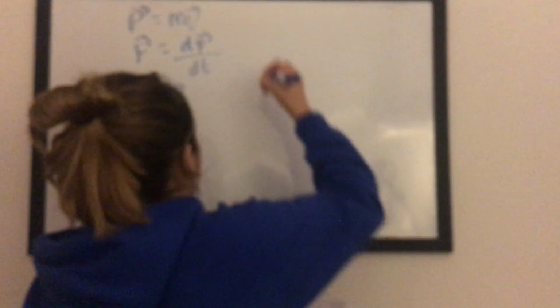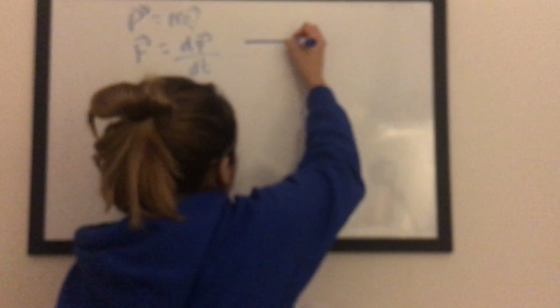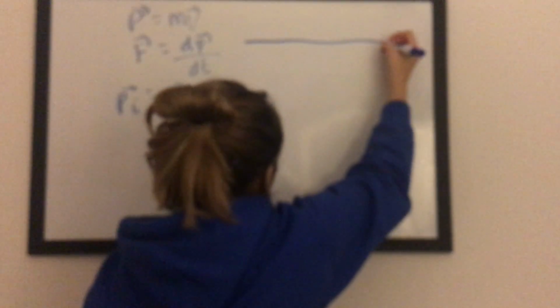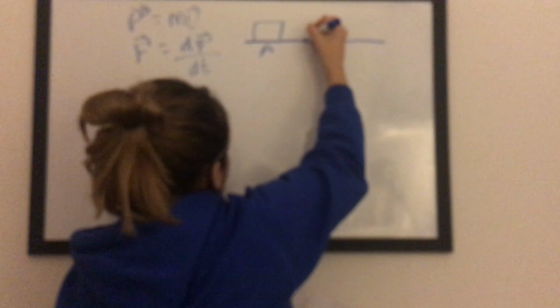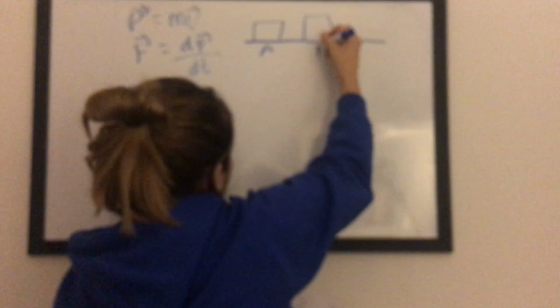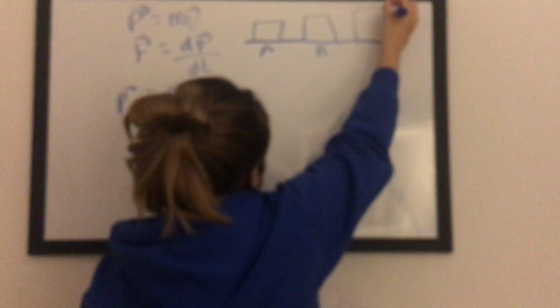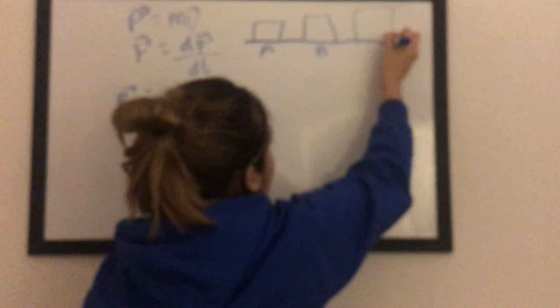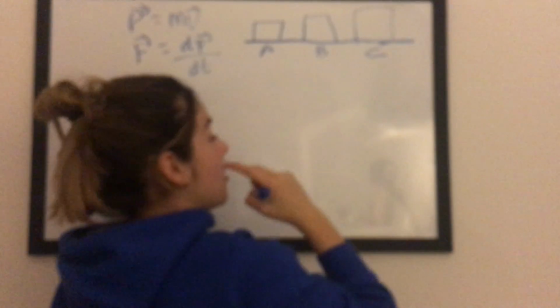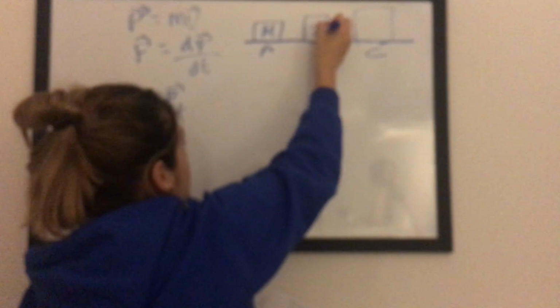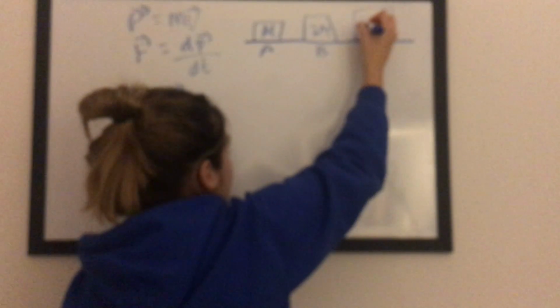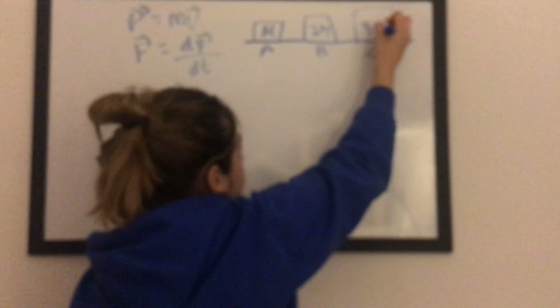So I'm going to go ahead and draw the diagram for you. We've got our horizontal frictionless surface here. We've got Block A, then Block B, and finally Block C. And we're given that Block A has mass m, Block B has mass 2m, and Block C has mass 3m.